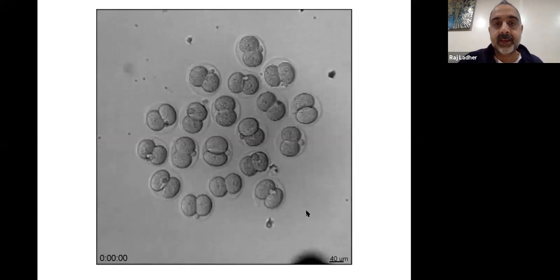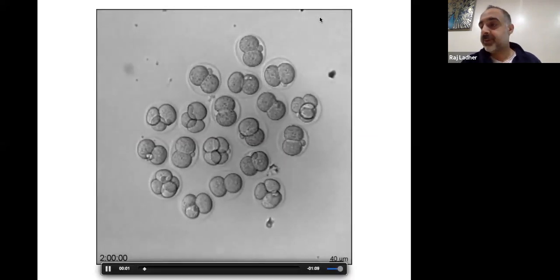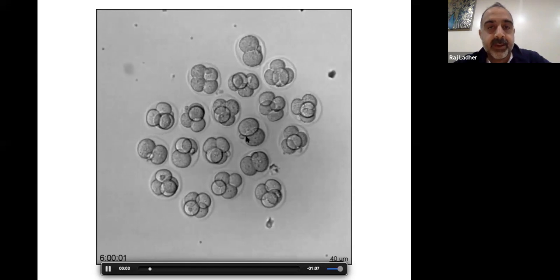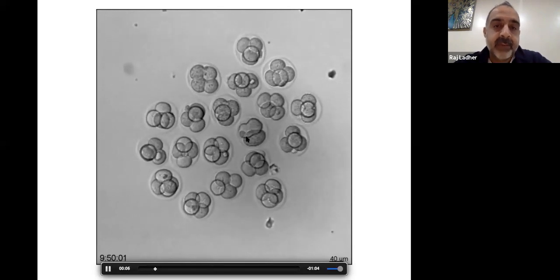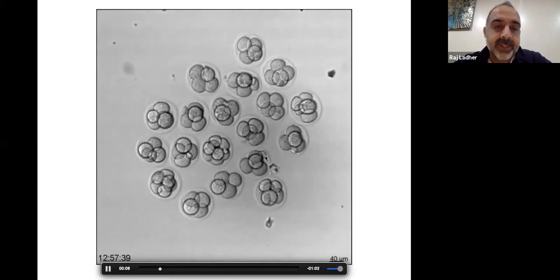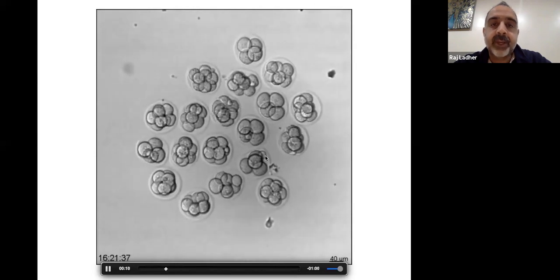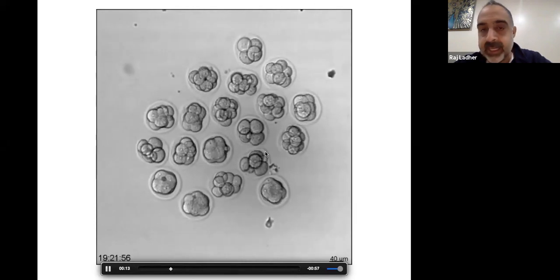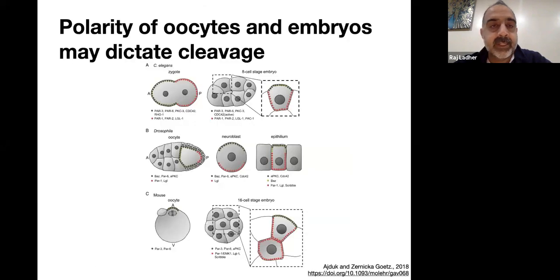So that's avian. We'll finish up with mammals. Here we're looking at mouse embryos. You're seeing division occurring in different planes. Let's look at this cleavage in more detail. As Grish mentioned, the centriole position does play a role in determining the cleavage plane.